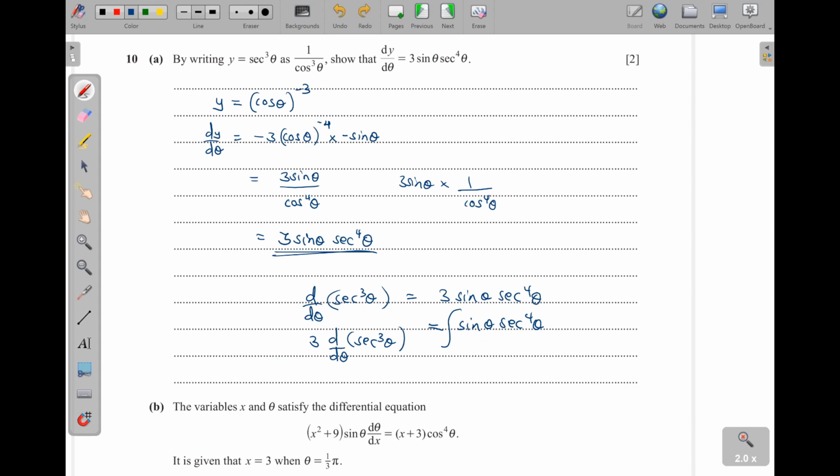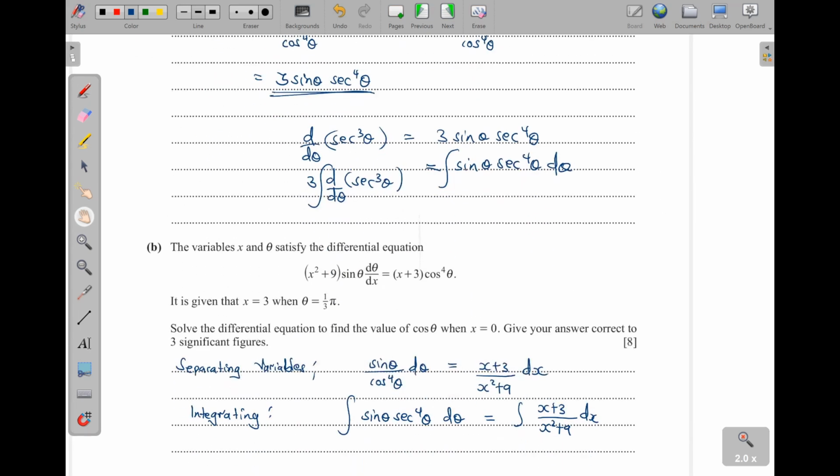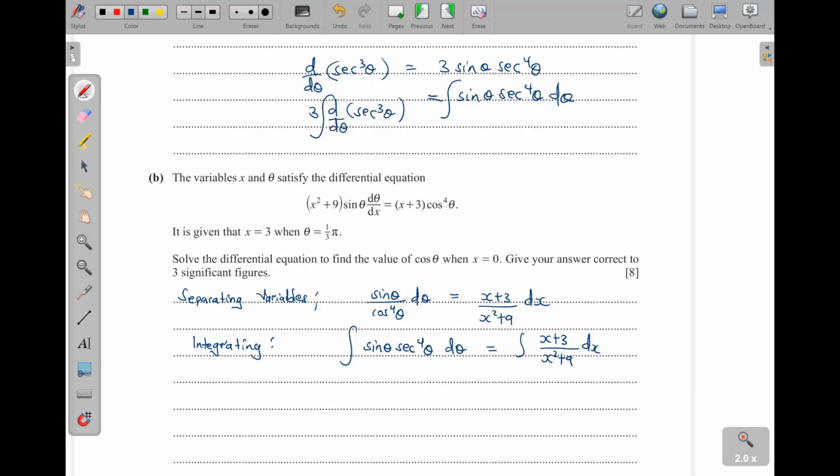Now I can put this one here because this one is a constant. When I integrate this one here, the integral sign cancels with the derivative, because these are inverse functions. So meaning that actually this one is not a 3. We are dividing all through by 3, so it is going to be a third.